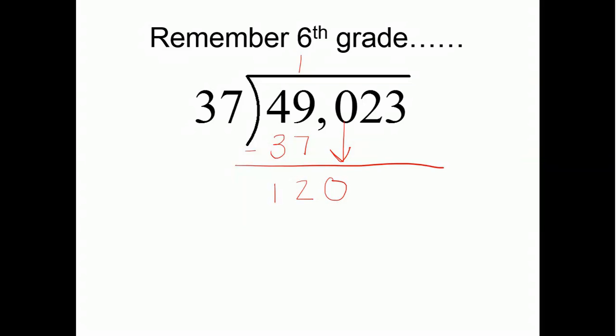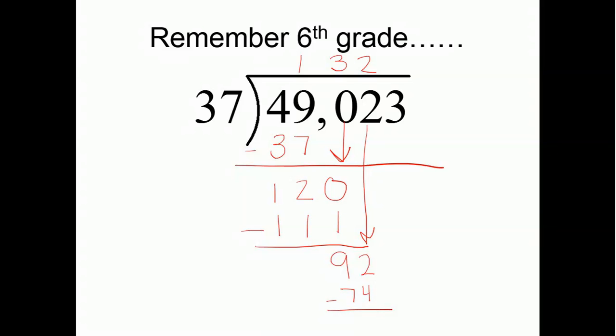So then you said, how many times does 37 go into 120? And you said, oh, that's 3 times. So then you did 3 times 37, and you got 111. And then you got a 9 after subtracting. Then you took that 2, dropped it all the way down, right? And you said 37 goes into 92 twice, which gave you 74.